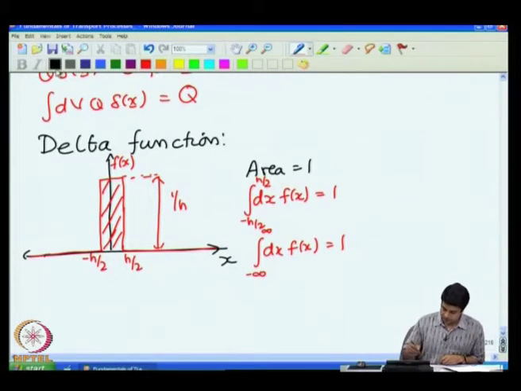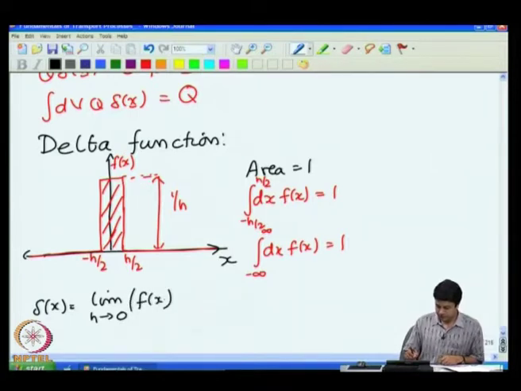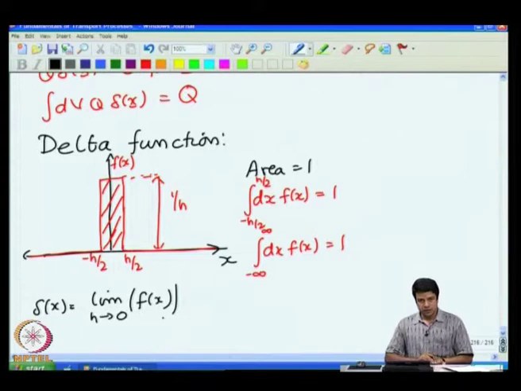What is the delta function? Delta of x is equal to limit as h goes to 0 of f of x. That is, if I take the limit as h goes to 0, the 2 points minus h by 2 and plus h by 2 approach the origin.